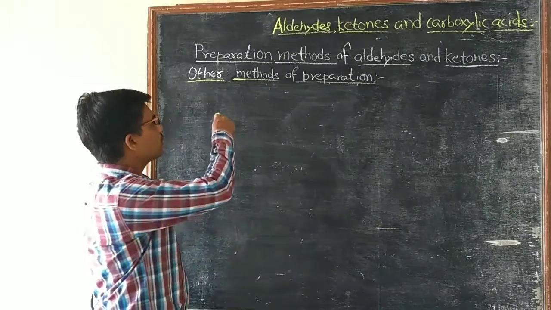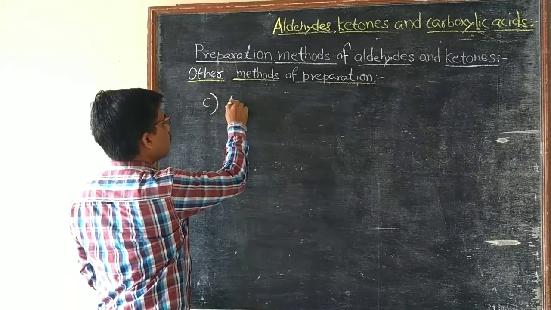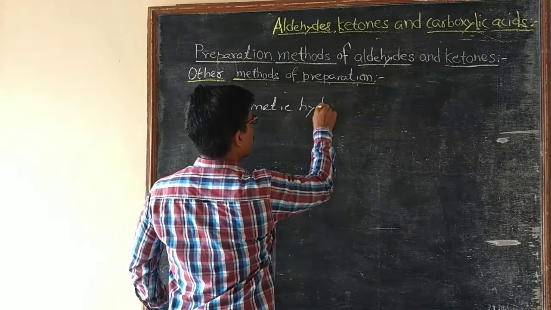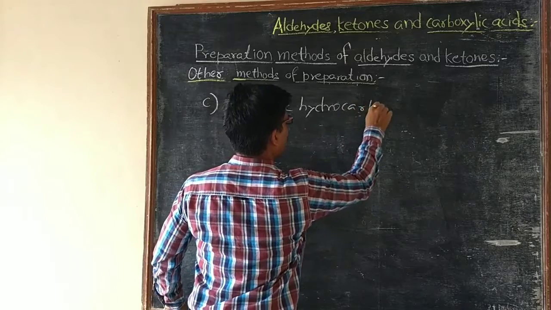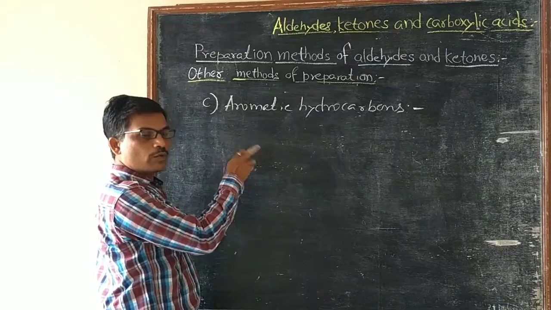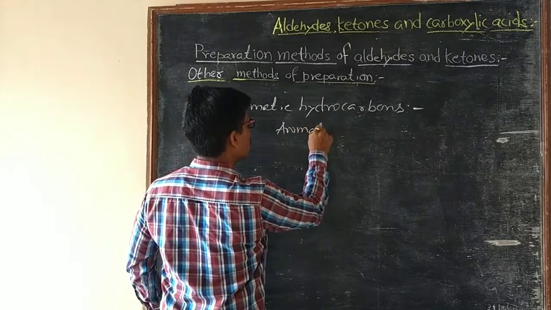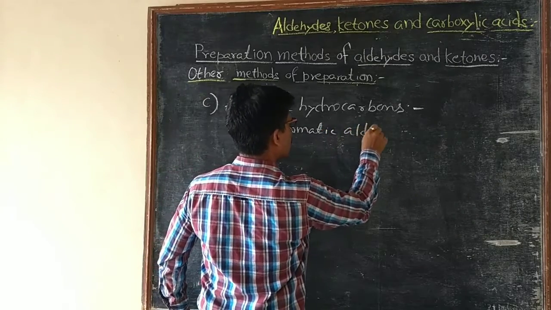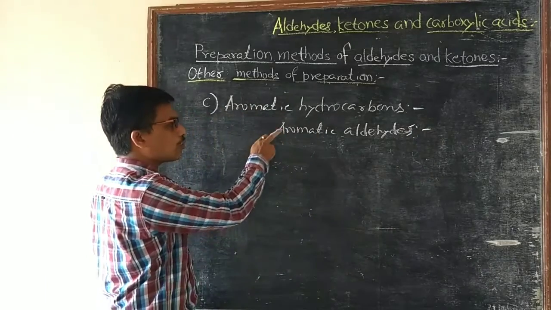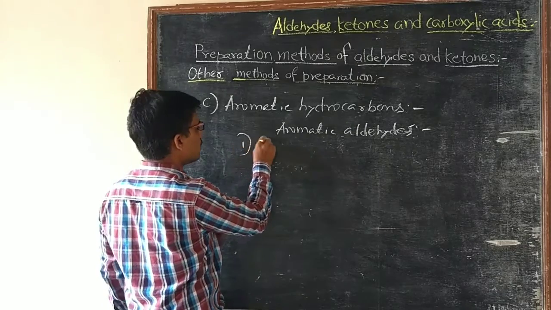Then the next method of preparation of aldehydes and ketones is from aromatic hydrocarbons. First we will study preparation of aromatic aldehydes. In preparation of aromatic aldehydes, we will first study the Etard reaction.